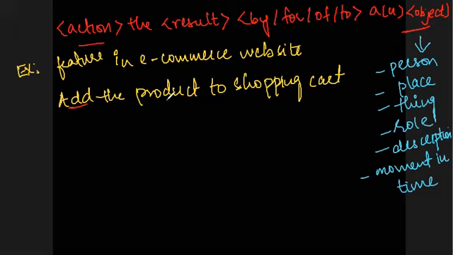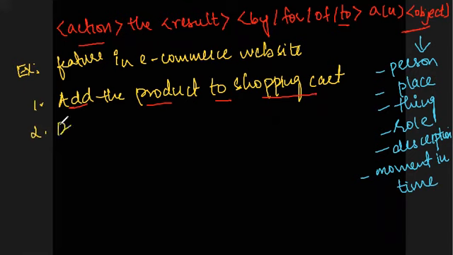The result is the product, some specific product that you want to buy. You can take here by, for, of, to. Here we take to, adding the product to the object. What is the object? It can be a place, person, thing, or a role. So you're adding that product to an object, that is the shopping cart. This is one example of adding a feature by making use of FDD.